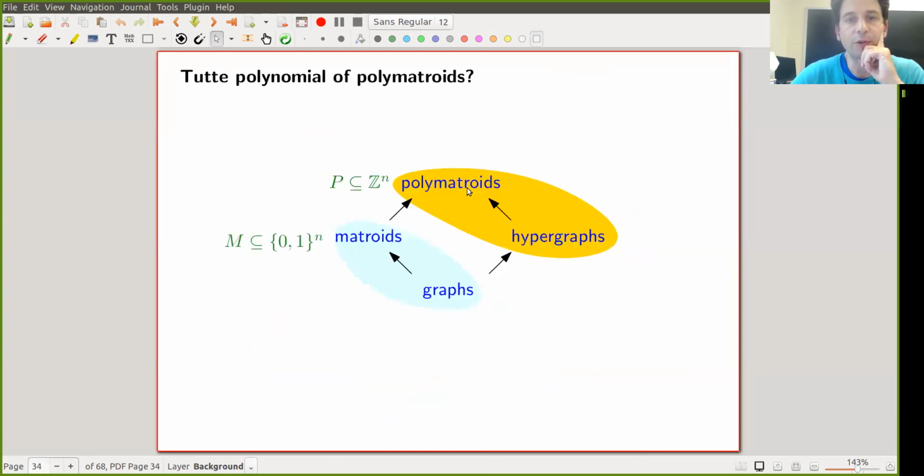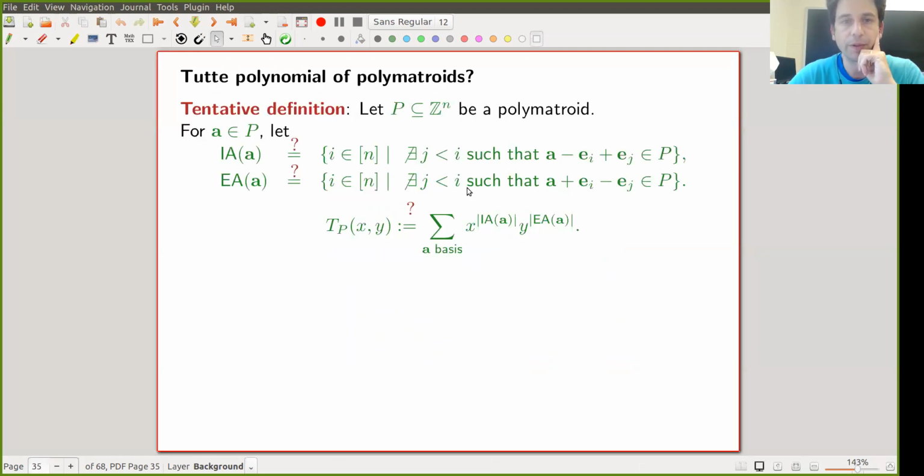All right. So now let me explain how to move to the polymatroid setting. We are trying to find an analog of this definition that would make sense. So I'm going to try to define an analog of the activity definition. So let's take P a polymatroid, and for a basis of P, I want to define some sets of active elements.